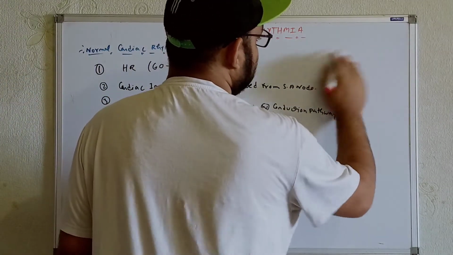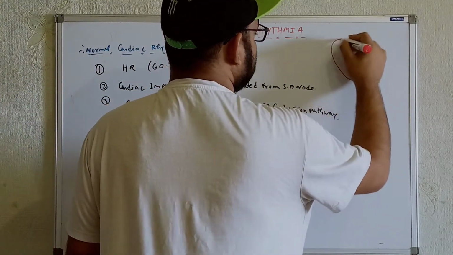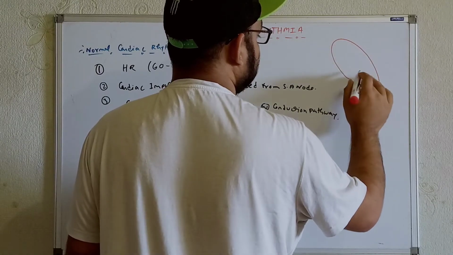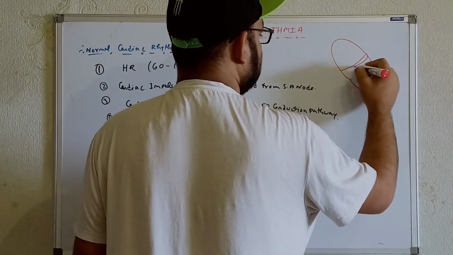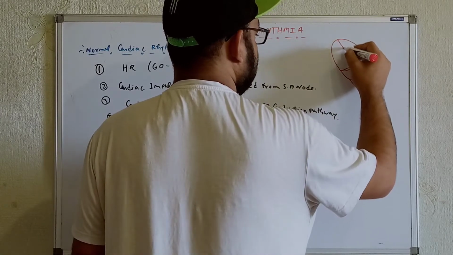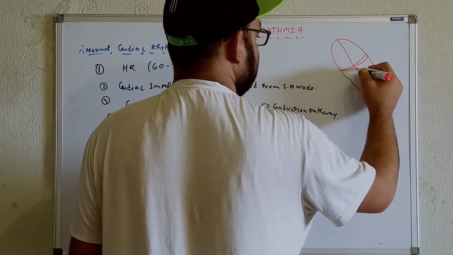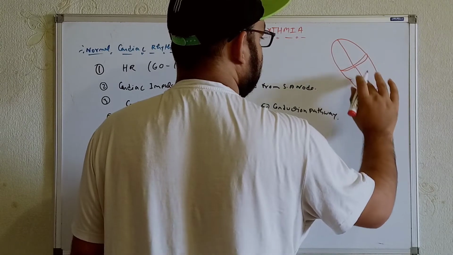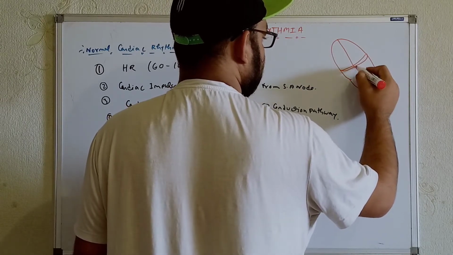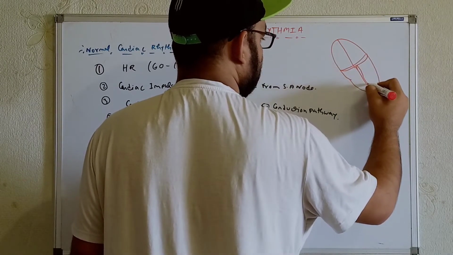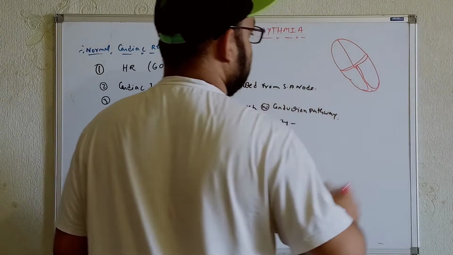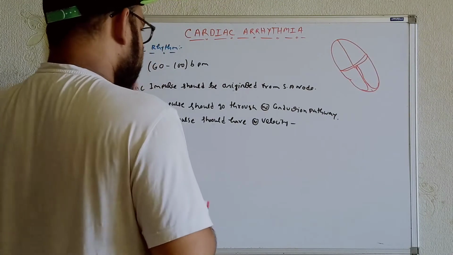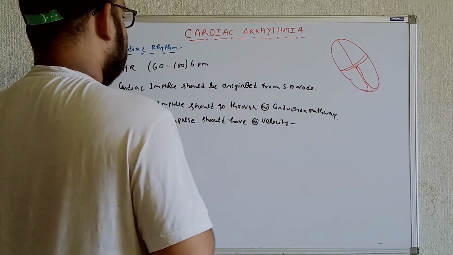First, let's draw it over here. I'm just assuming it's a heart, okay? Now the fibrous annulus over here. Now see, the first thing I have said is that the beat should be between 60 to 100 per minute.